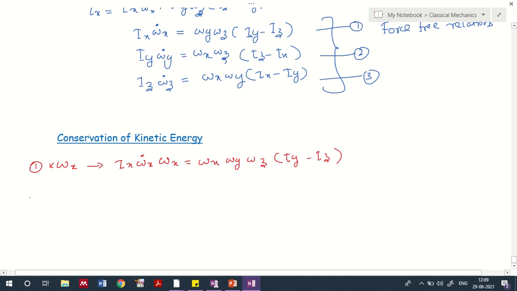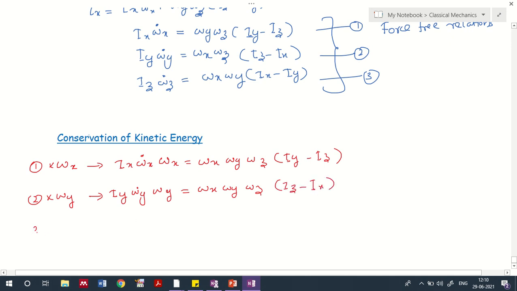The second equation I multiply with omega y, so that becomes Iy omega y dot omega y equal to omega x omega y omega z into Iz minus Ix.